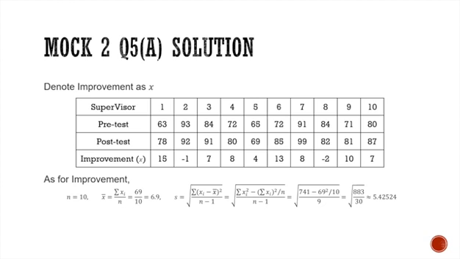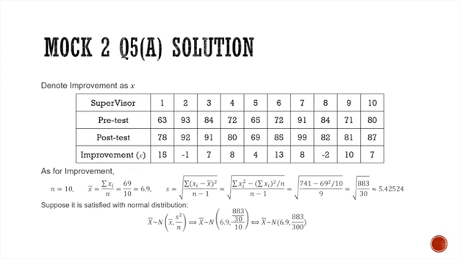With these statistics, we can generate a normal distribution. Suppose it satisfies a normal distribution, so we can find this form of normal distribution: the average is 6.9 and the variance is 883 over 300.